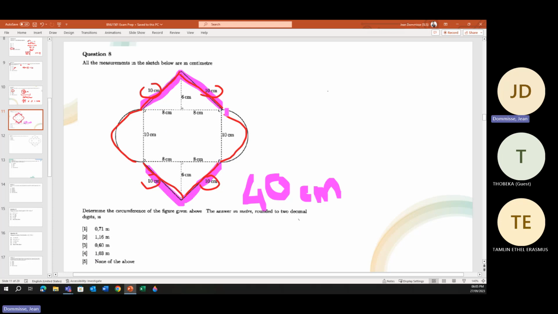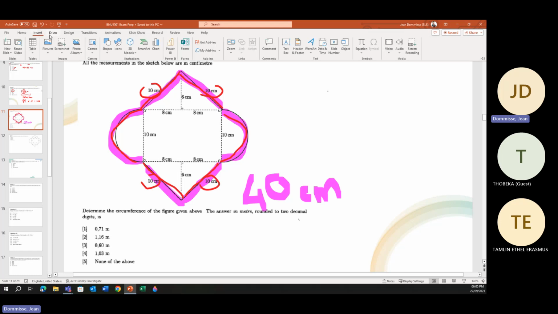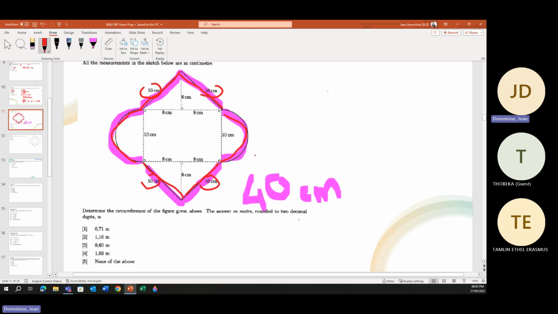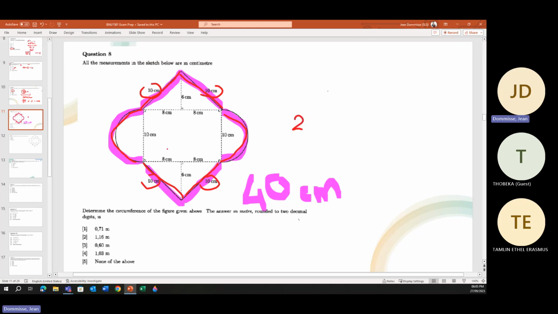So now I need to work out what that is, and it is exactly the same on that side. So if I work out what that semicircle is, I can just multiply it by 2, so then I get both sides.